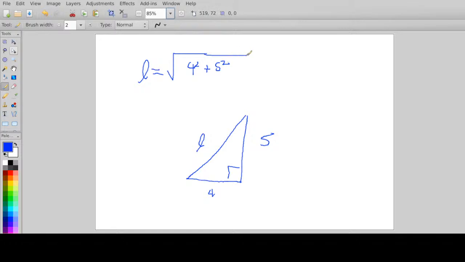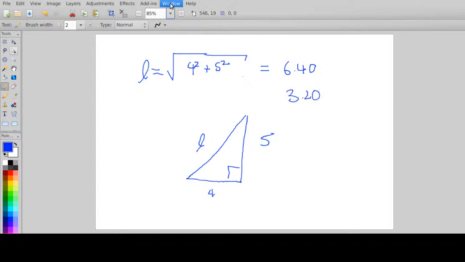That gives me 6.40. We're also going to need half of that, which is 3.20.